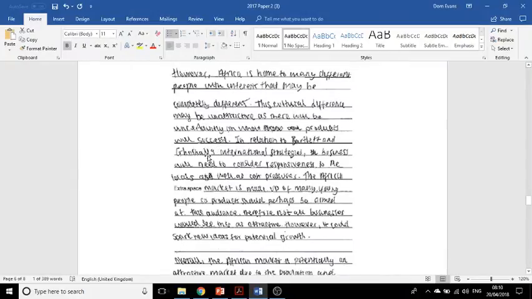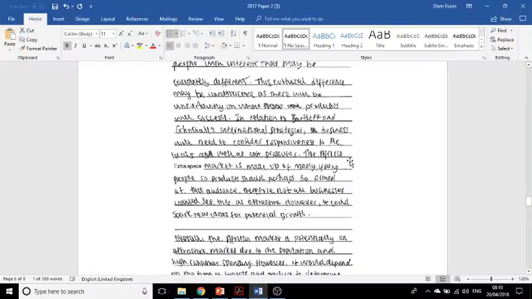In relation to Bartlett and Ghoshal's international strategy, the business will need to consider responsiveness to the locals as well as cost pressure." It's great to introduce this bit of theory here because it shows the examiner that you understand the theory and it's used appropriately in the answer. That's really good to put that in there. So that's going to impress the examiner.